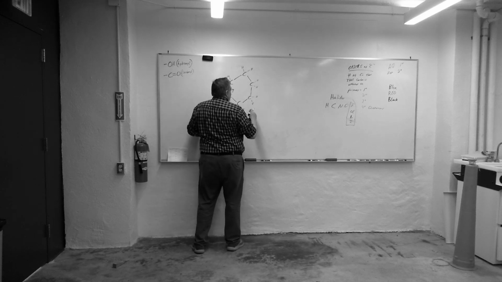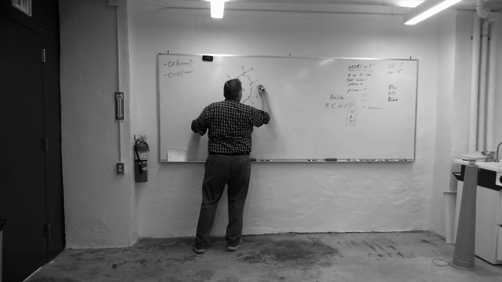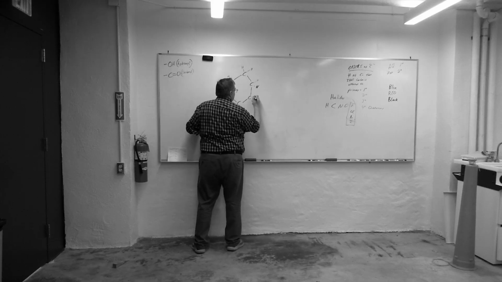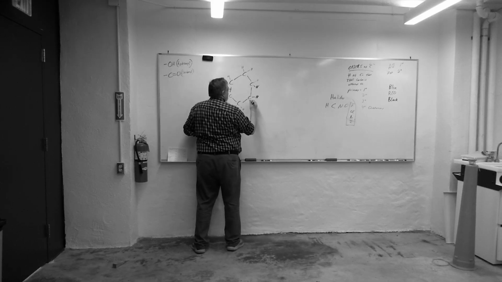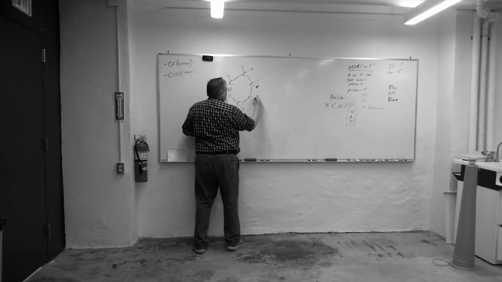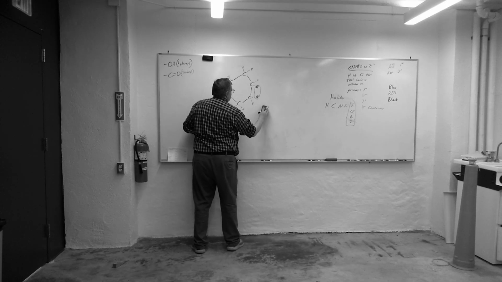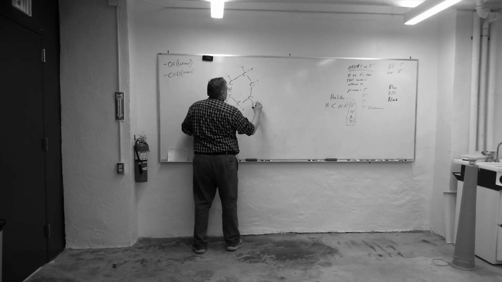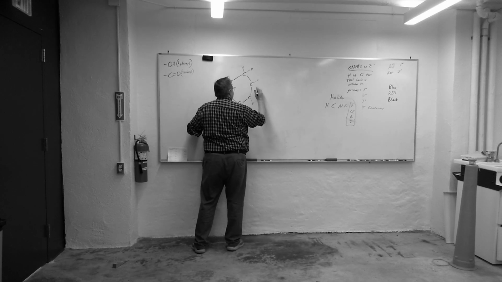Something that's even more stable than this, look at these 2 hydrogens I've got here. I'm going to break that bond. These 2 hydrogens will go away, and the 2 electrons left will come over and make the double bond.